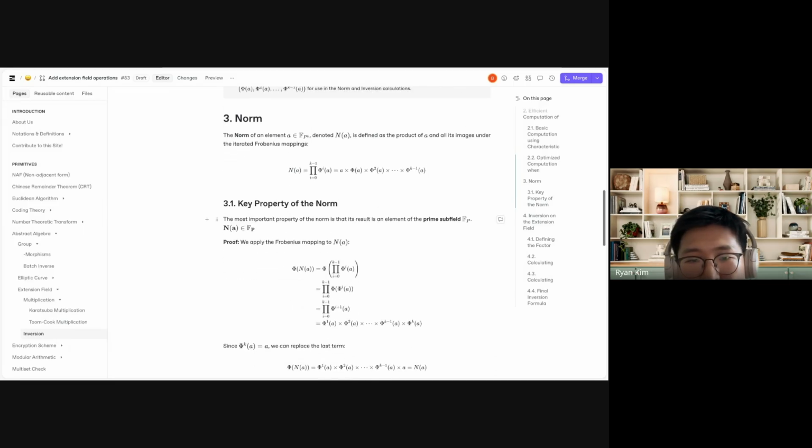To prove it, first, if you have a norm, let's apply the Frobenius mapping again on top of this norm.